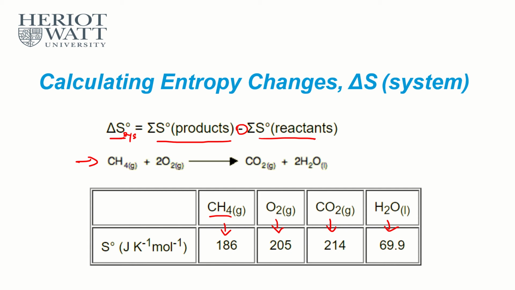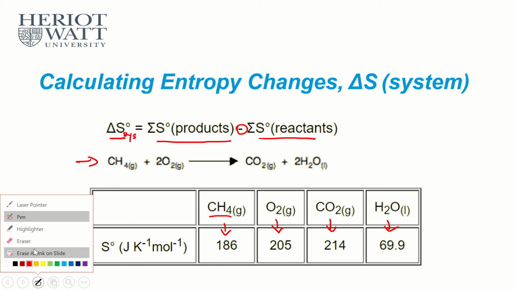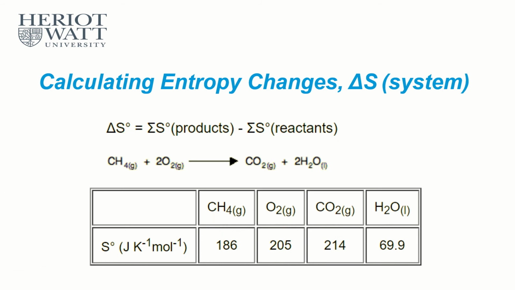All right, now how do we do that? It's very simple and straightforward. We're going to use the formula, and I'm going to show you the calculations. First we calculate the total entropy of the products, which is carbon dioxide and water. For carbon dioxide it's 214, and I only have one, so leave it as this value, and then 2 water, so 69.9 multiplied by 2.